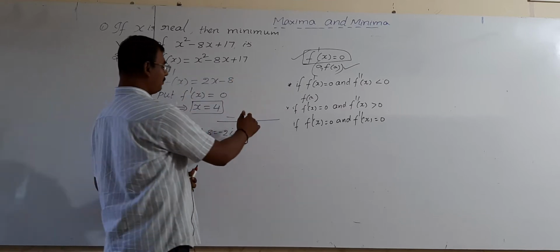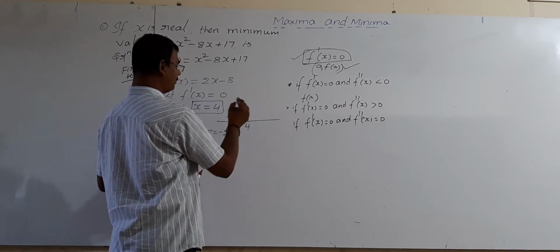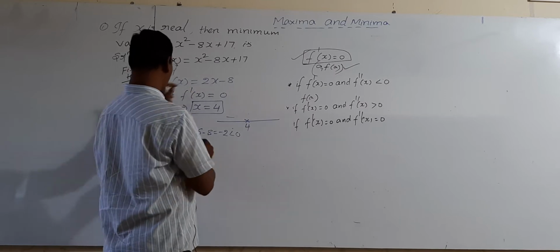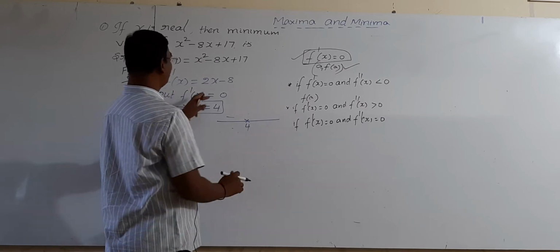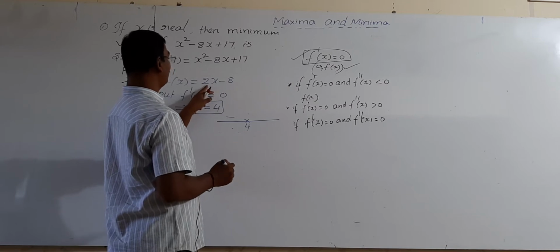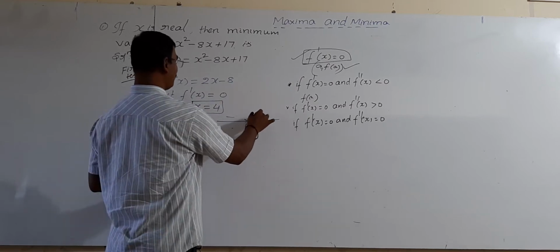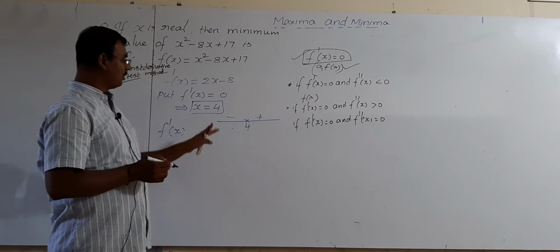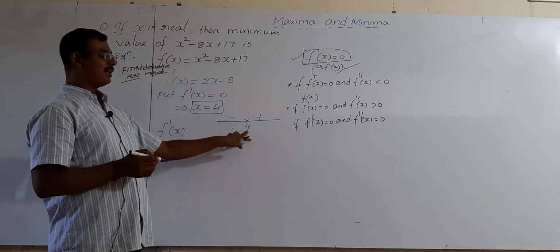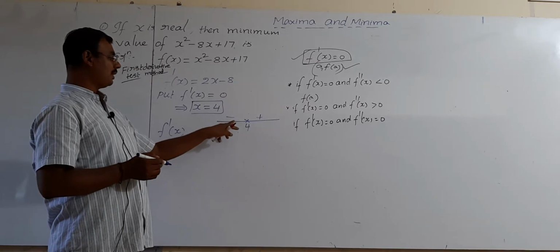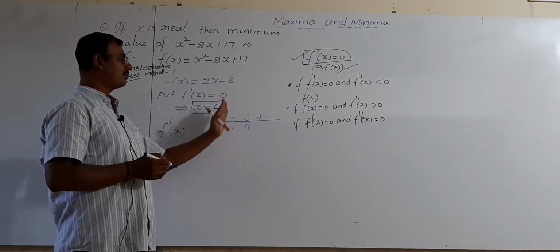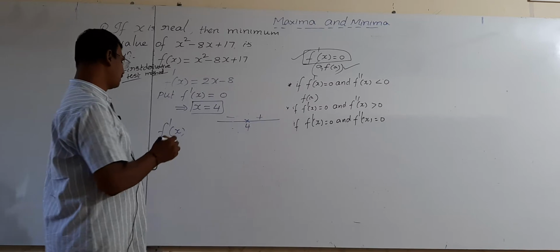And the next number is 5. Substitute 5, it becomes 5 times 2 is 10, 10 minus 8 is 2, this becomes positive. So you observe that in the neighborhood of 4, the sign of f'(x) changes from negative to positive.